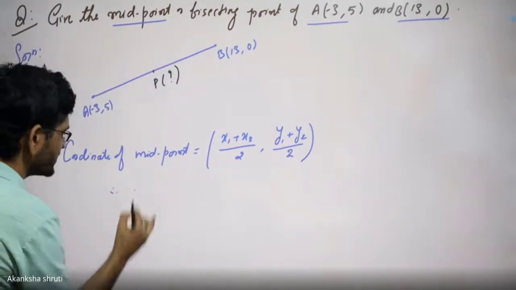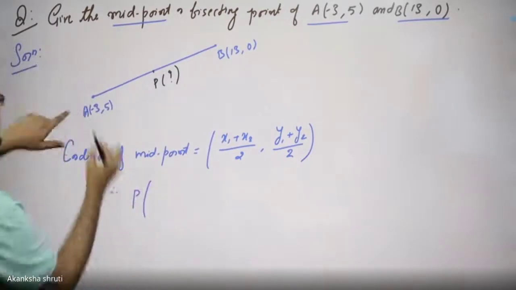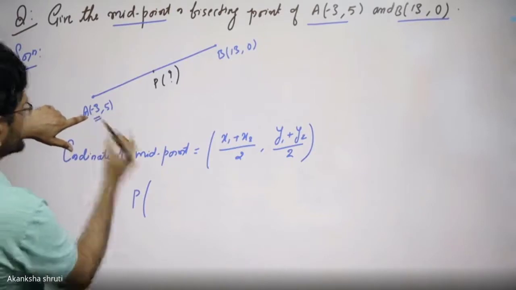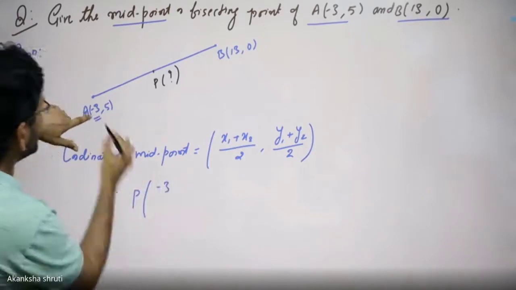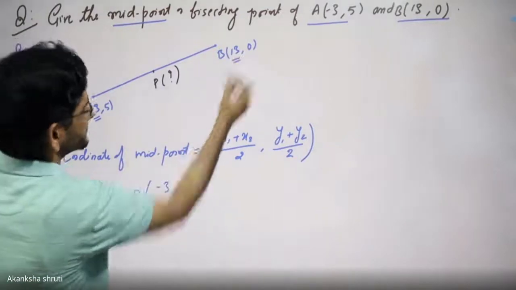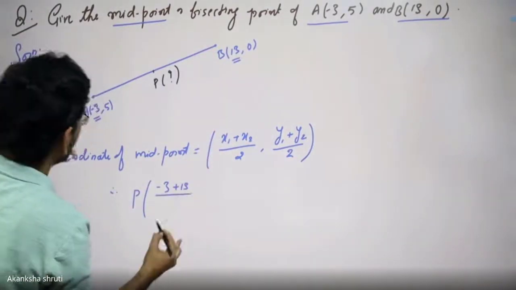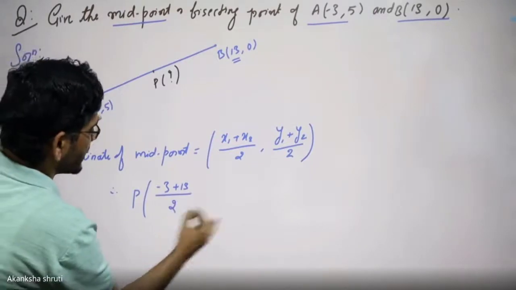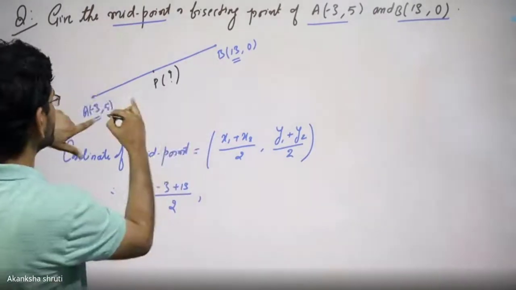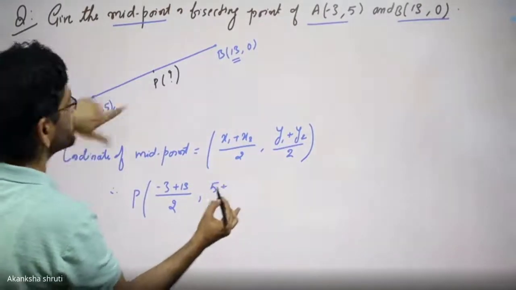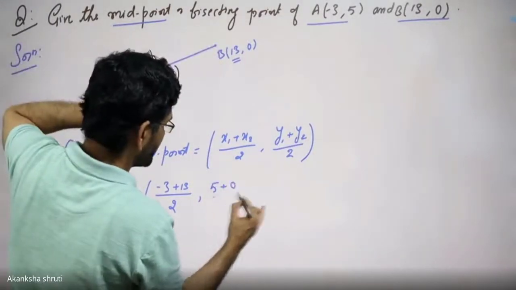Therefore, P can be obtained by taking x1 as -3, plus the x coordinate of B, 13, divided by 2, comma, the y coordinate, which is 5 for the first point, plus 0, by 2.